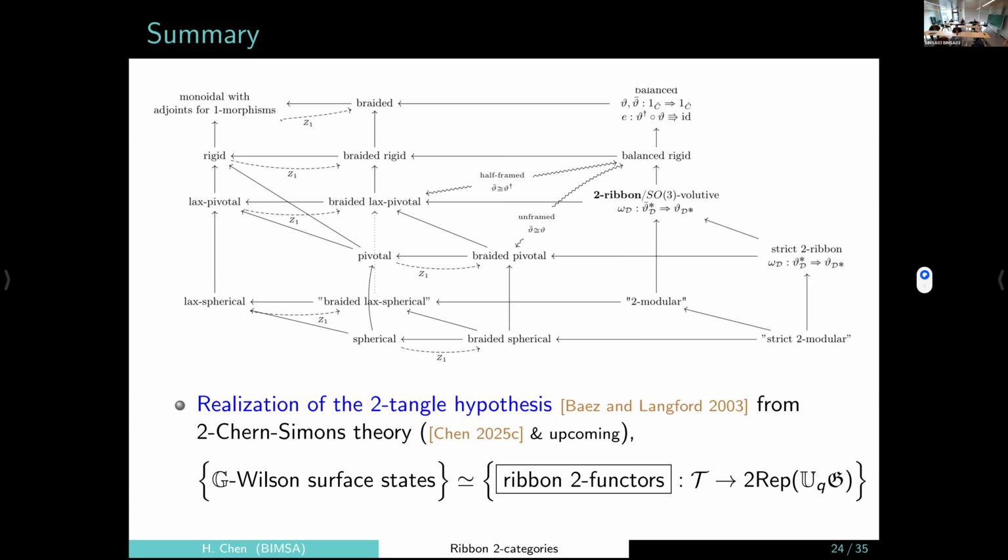And that should give you a two-dimensional or surface version of the decorated ribbons. And then you do surgery, which is another topic.